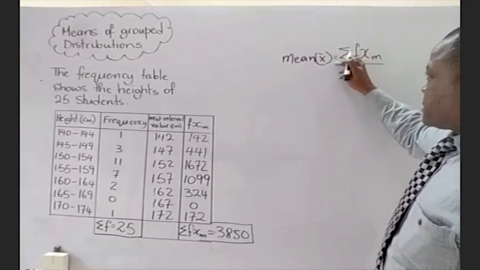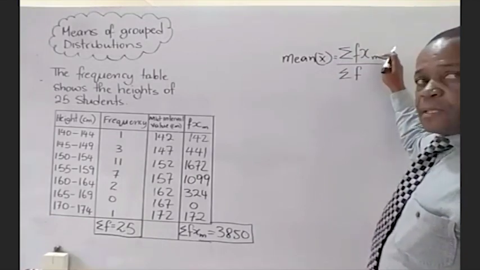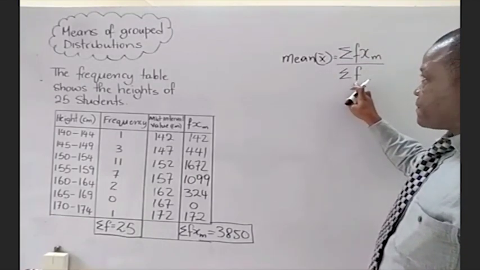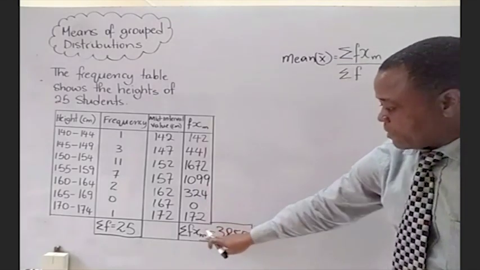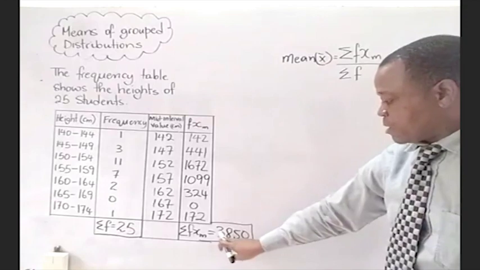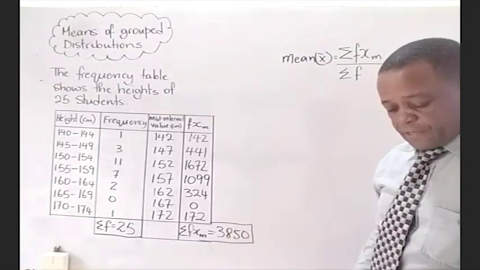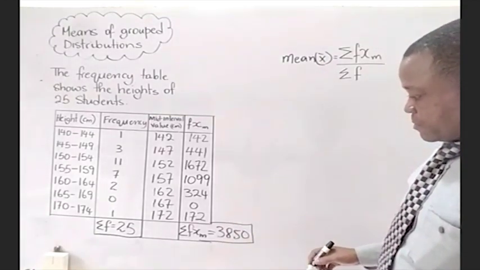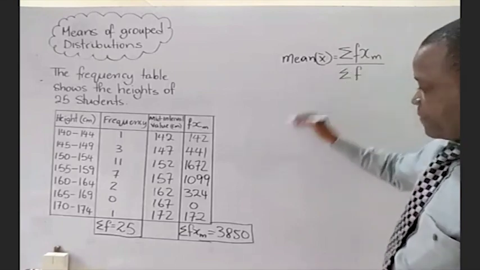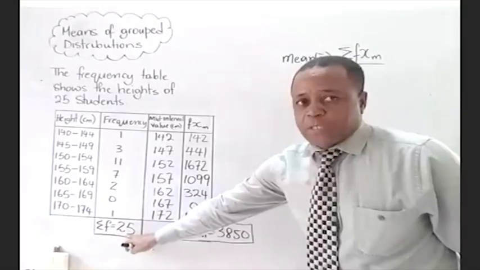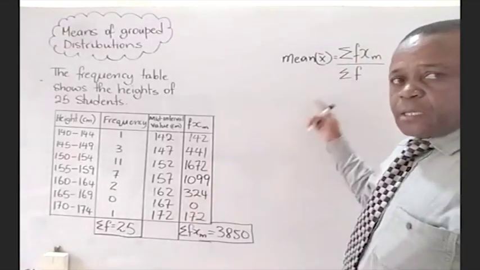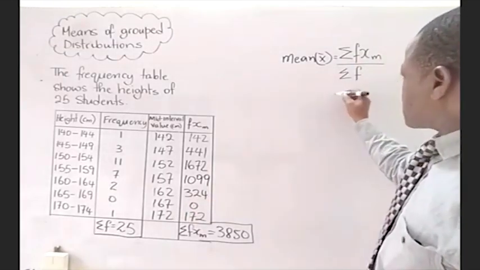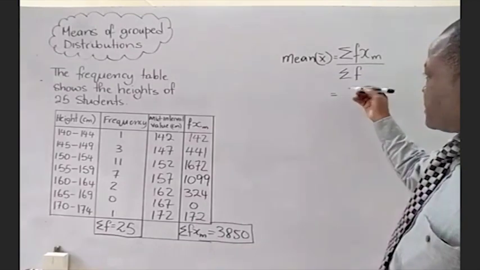Remember, we already had the sum of fxm right here, which is 3,850. Now, the sum of f is right here, which is now 25. So we can just plug those into our formula, and that should give us our estimated mean.